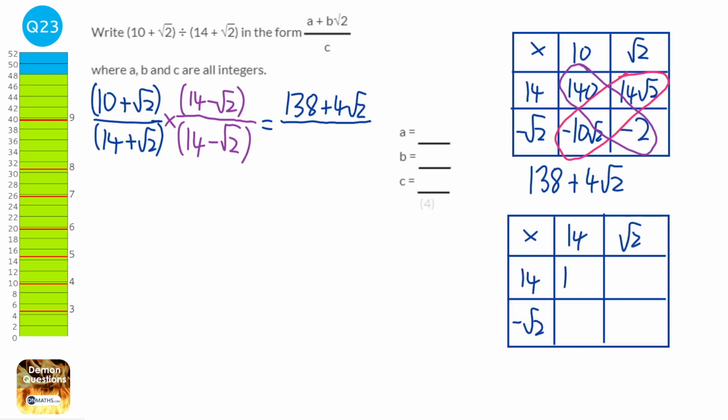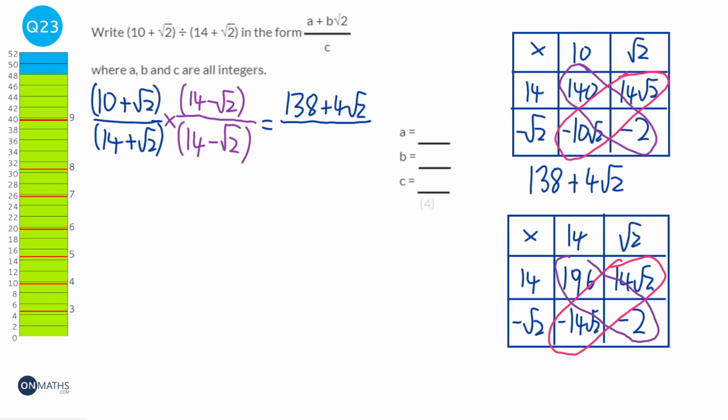So 14 times 14 is 196. 14 root 2 minus 14 root 2 and then minus 2. So you can see here now there's a 14 root 2 plus minus a 14 root 2. They just cancel each other out to 0, so we get rid of the surd. And then 196 take away 2, which is 194. So we've got 194 at the bottom.